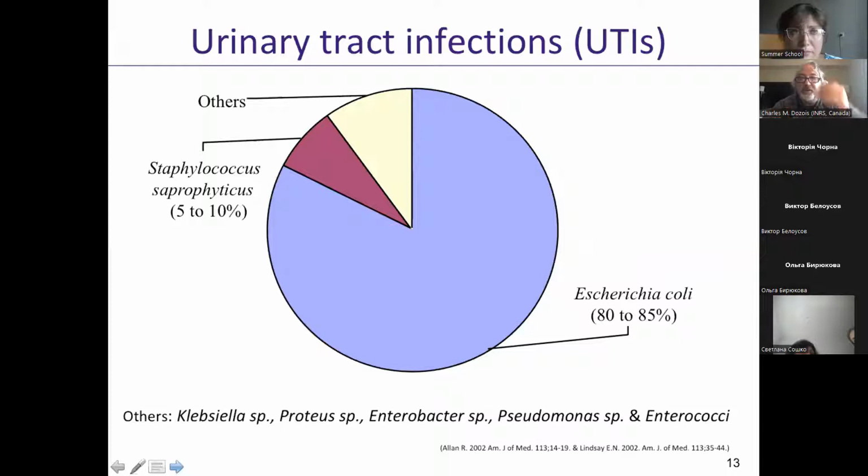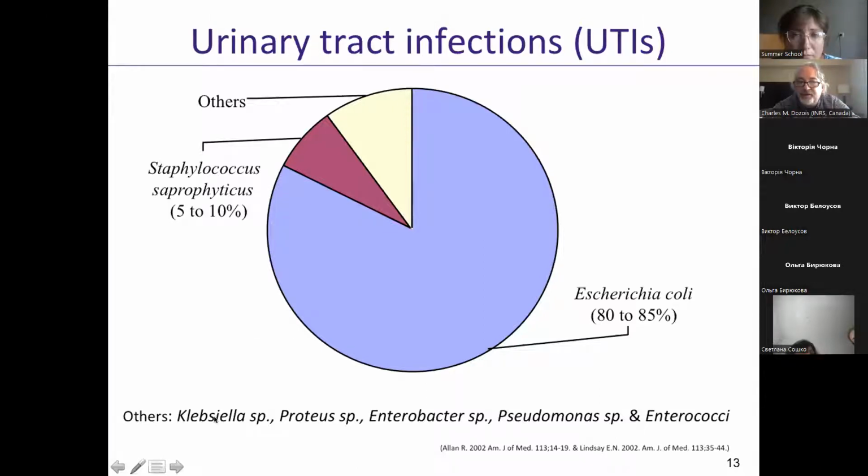So focusing on the urinary tract infections, it's important to realize that in the case of what you would call infections in the community, so people that are generally of good health and then suddenly acquire an infection, E. coli are about 80% or so of such infections in most hospital settings throughout the world.